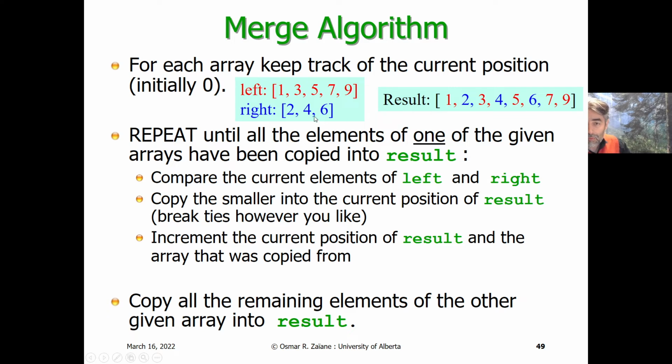I'll put it here. Well, right is finished. I covered them all, and therefore I'll take 7 and 9 and copy them here, and you can see result is sorted. Left was sorted, right was sorted, and result is now sorted.